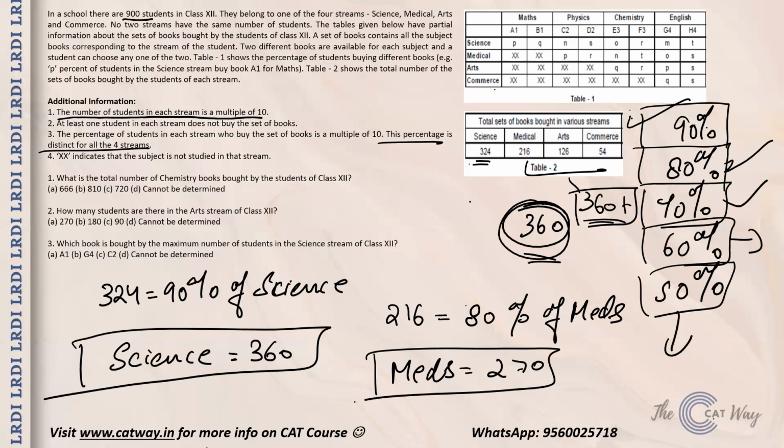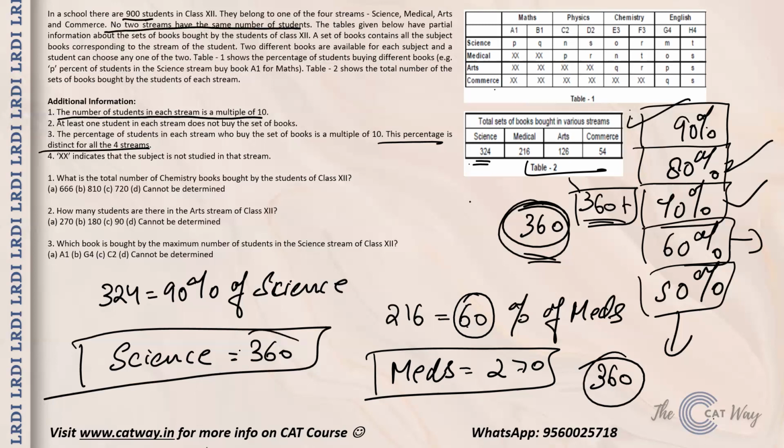Now 80 you have checked. Let's check for 70. If there are 70% of people, then it will be a non-multiple of 10, so 70 is not possible. If there are 60% of people, there will be 360 students in meds, but that is not possible because no two streams have the same number of students.